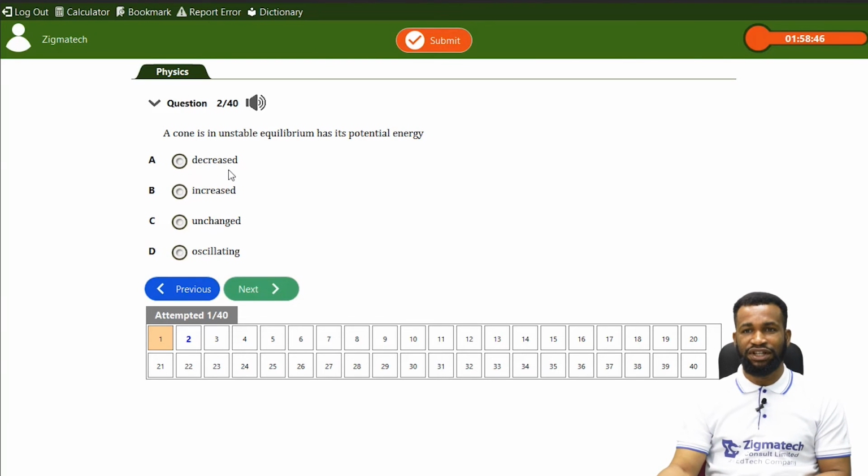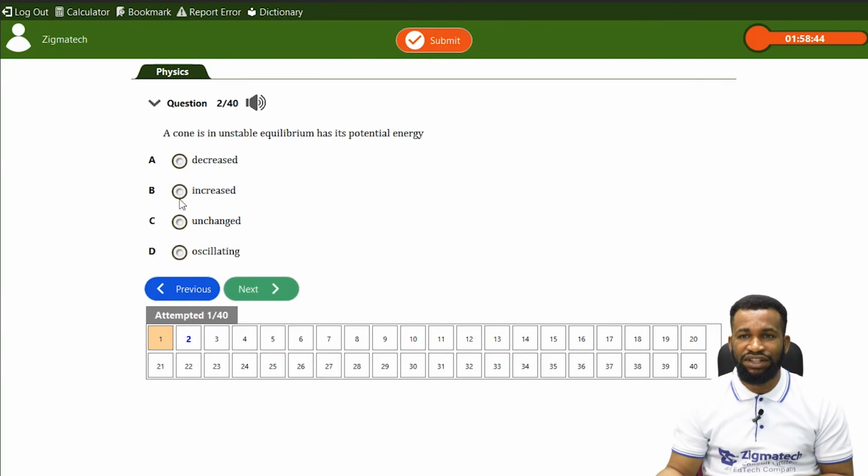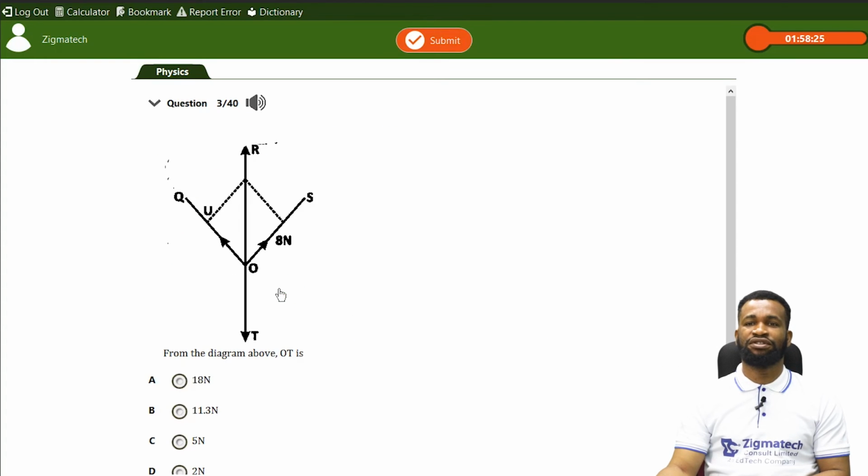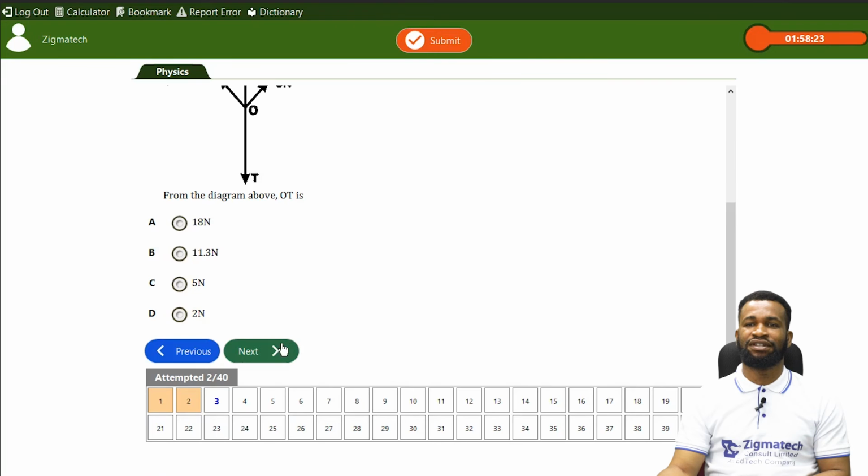It can never be oscillating, and it can never be unchanged. The battle is between decrease and increase. So the option is going to be decrease. Let's go to the next one.